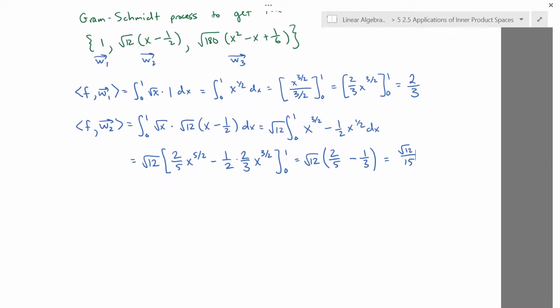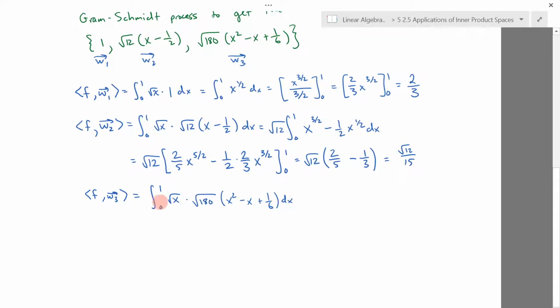And then finally I have to calculate the inner product of f with W3. Okay, so integral from 0 to 1. What was f? F was the square root of x, times W3, which is this vector, square root of 180 times (x squared minus x plus 1/6).